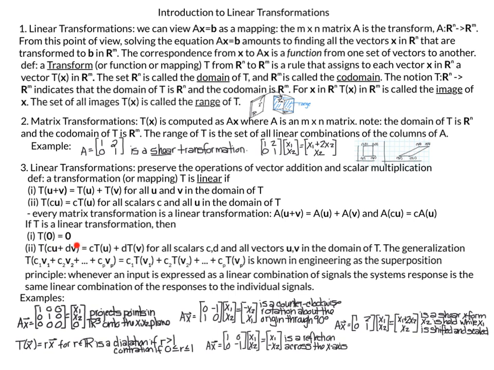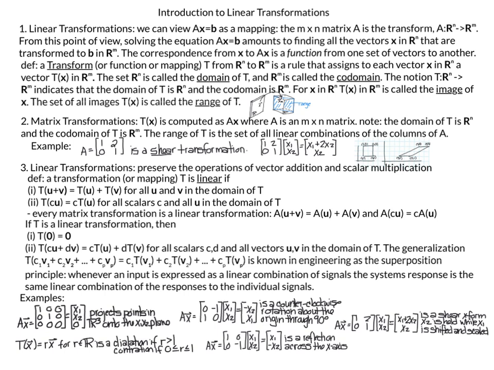Instead of just two vectors, we could have T of c1 v1 plus c2 v2 up to cp vp equal to c1 T of v1 plus c2 T of v2 up to cp T of vp. In engineering, this statement is known as the superposition principle. Whenever an input is expressed as a linear combination of signals, the system response is the same linear combination of the responses of the individual signals.